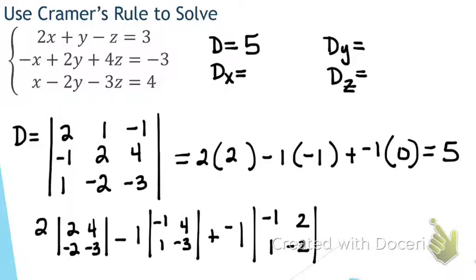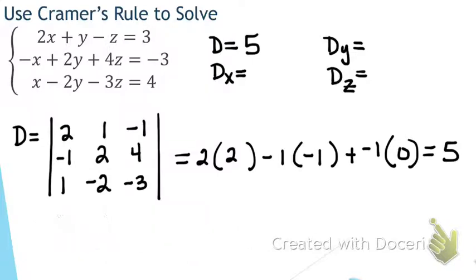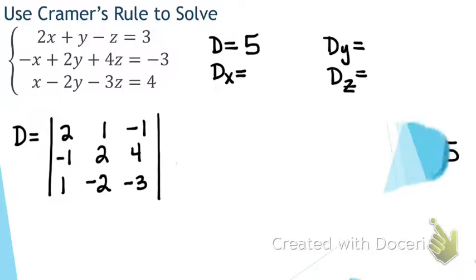Okay, so now we need to find dx. So when we're finding d sub x, we just take out that first column that has our x coefficients, and we replace that with our constants.